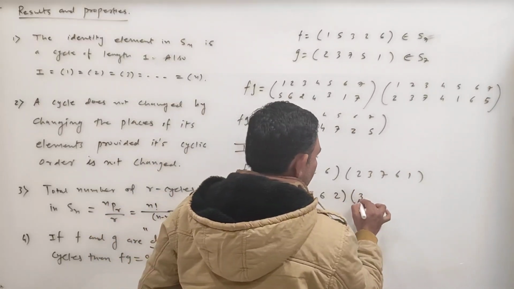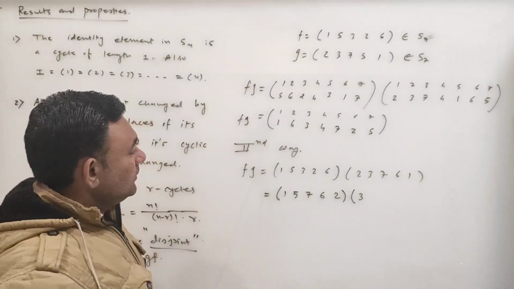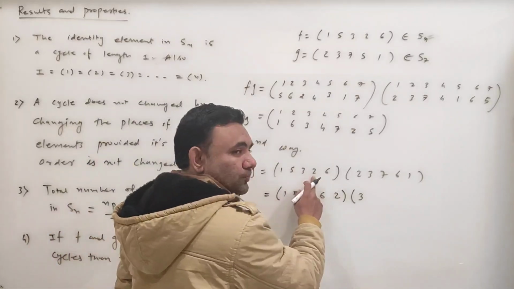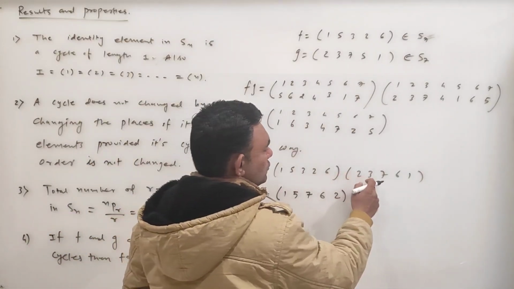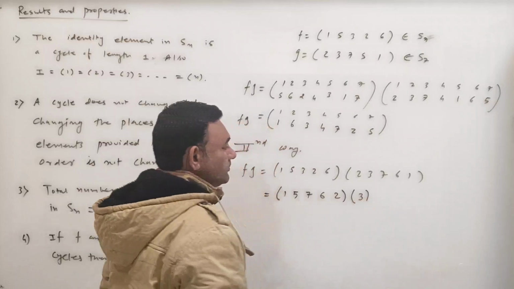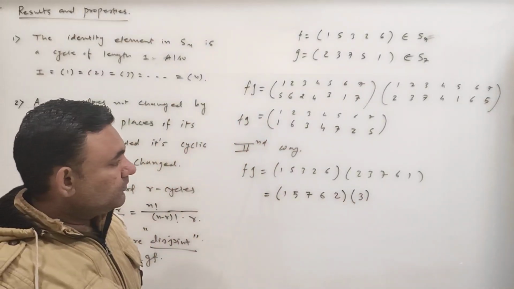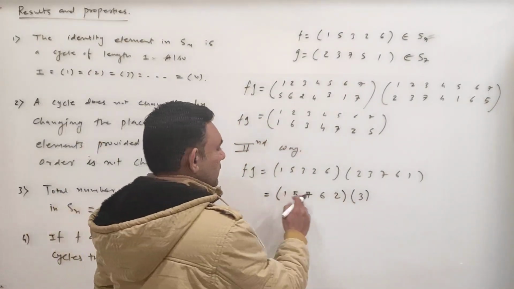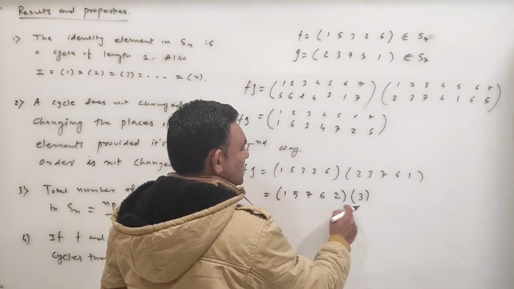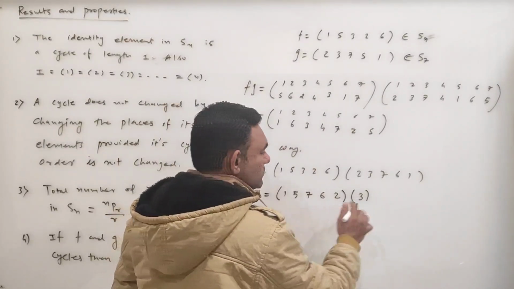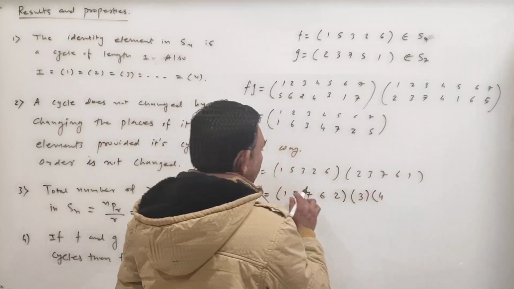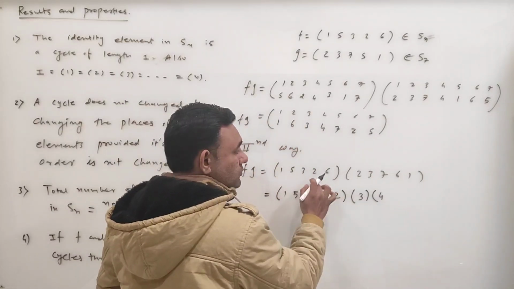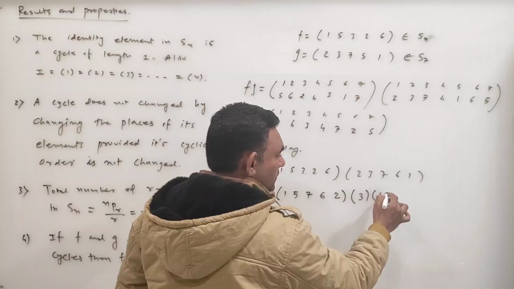So here I have 3. From here 3 goes to 2 and here 2 goes to 3, so stop. Now 1, 2, 3, 4: 4 is missing, so you start with 4. Here 4 is absent, so 4 goes to 4, 4 goes to 4, so stop.